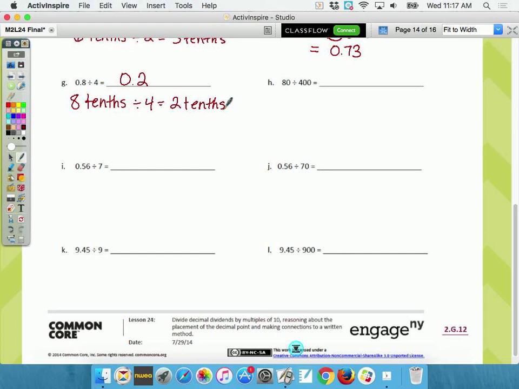Have you noticed? How do you know I'm not going to use 2/10? 400 divided by 80. There's no decimal. Okay, well there is, but it's at the end. So instead, what do I make the 400? 4 and 100. So we'll do 80 divided by 4 divided by 100.